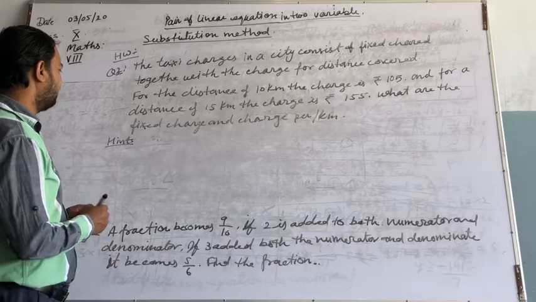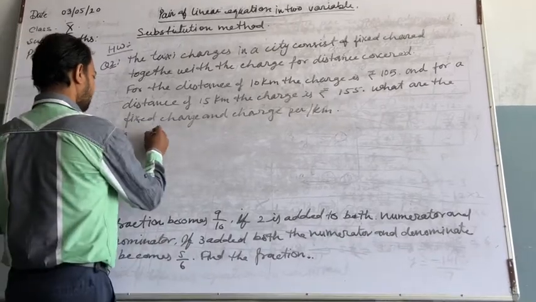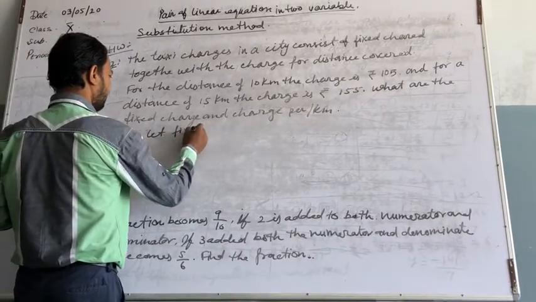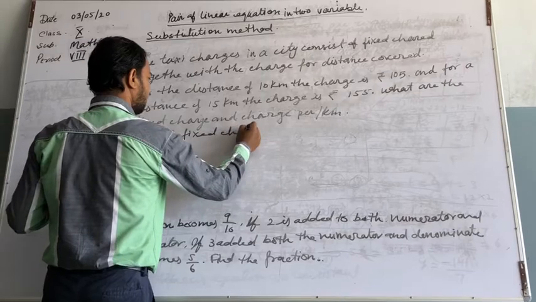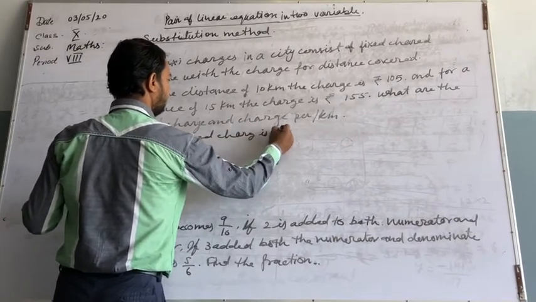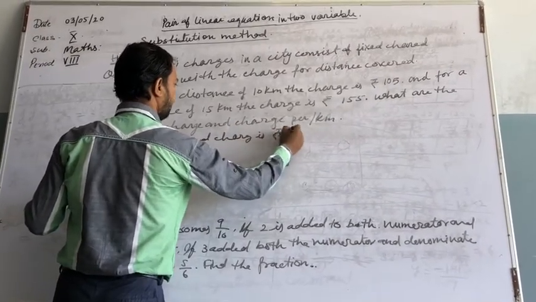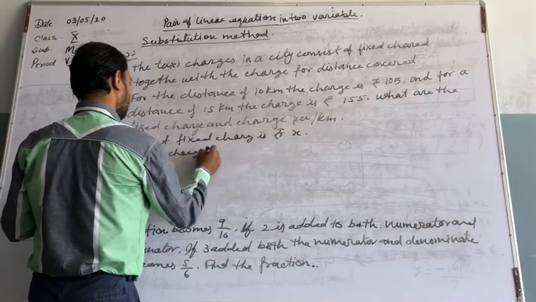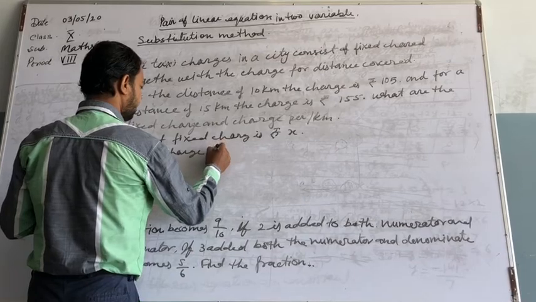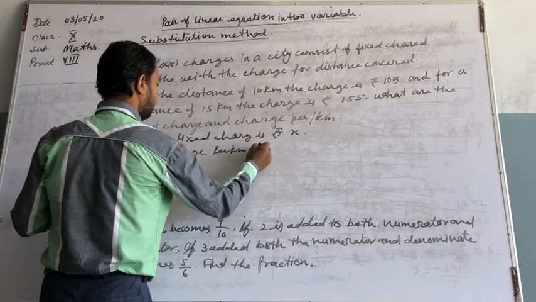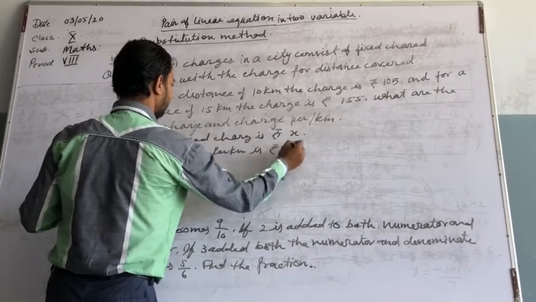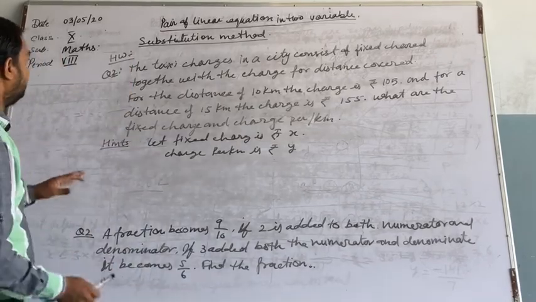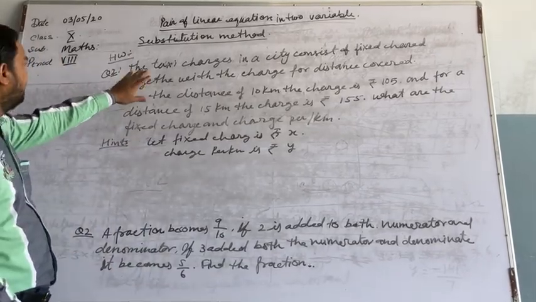Now, let the fixed charge be rupees X and the charge per kilometer be rupees Y. First of all, understand the meaning of the question.